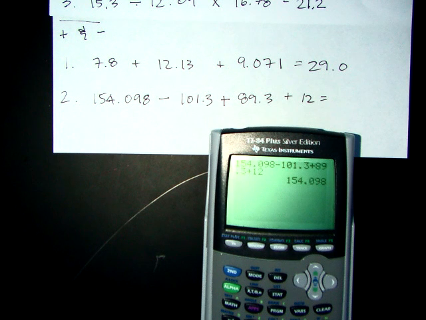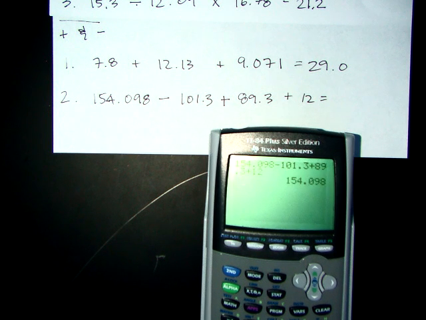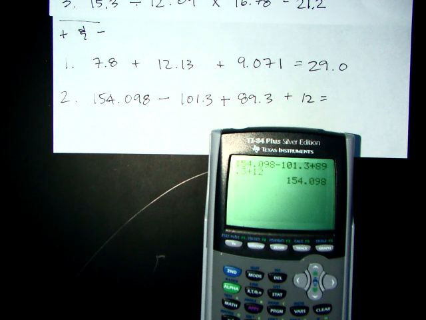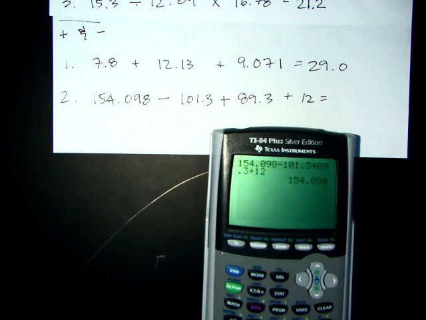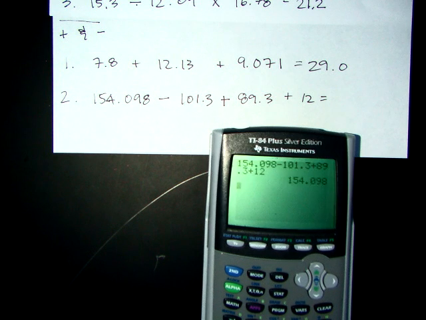Here's the answer. I got 154.098. No way! Awesome! I just picked them at random, you guys. No, seriously, I've never even used this example before. This is the best thing that's ever happened to me. I'm so glad I'm recording this right now. It's so fantastic. Anyway, so it's the same as the first one.